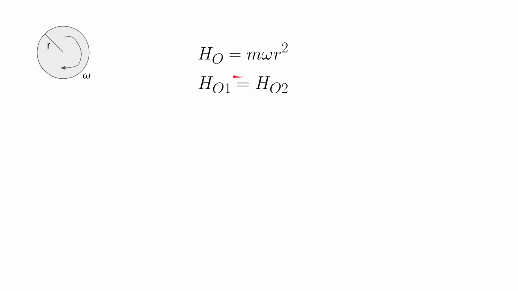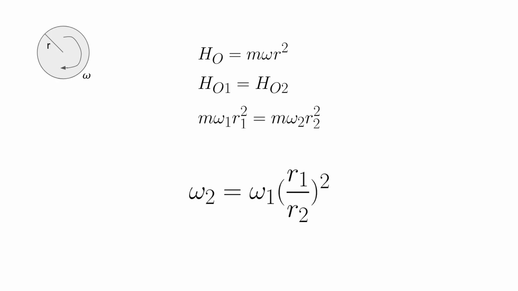So then we have this equation, which is too long for me to say, but basically it says angular momentum at the beginning equals the angular momentum at the end of the motion. If we simplify this equation, we get that omega 2, the angular velocity after the action happens, equals omega 1, the angular velocity before the action, times (r1 over r2) squared.